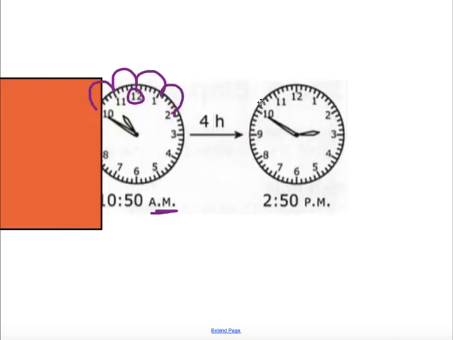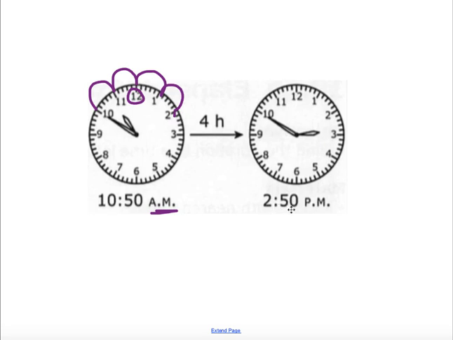So you have 2:50 p.m. Because it's saying 4 hours later, you're counting up. You can use your fingers for this too. Count up 4 hours and keep the minutes the same, but you do need to notice that you're changing from AM to PM, because once you hit that 12 noon, you're switching to PM.